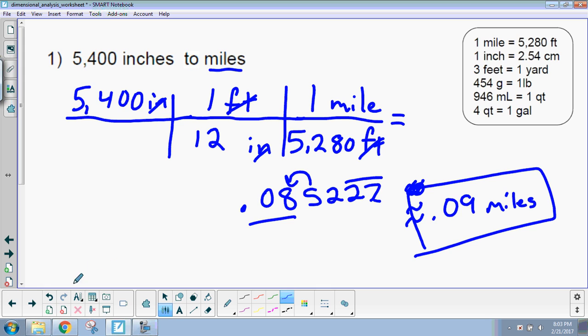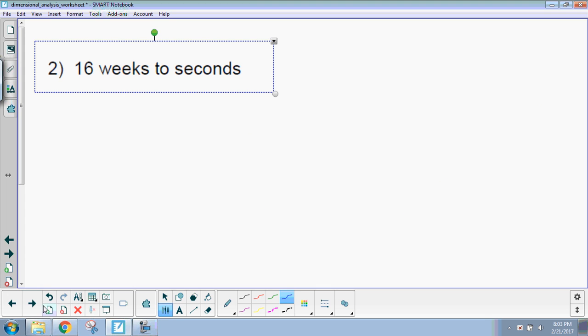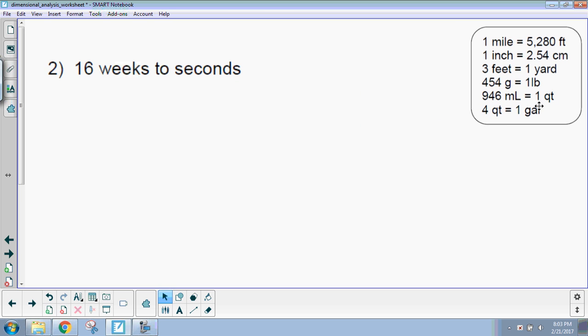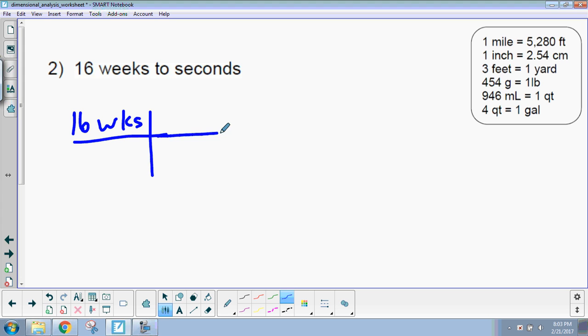Alright, let's keep going. 16 weeks to seconds. Now granted, this doesn't have all the conversions, just some common ones, but you know these. So, 16 weeks on top. Start your table. I know in 1 week, there's 7 days.